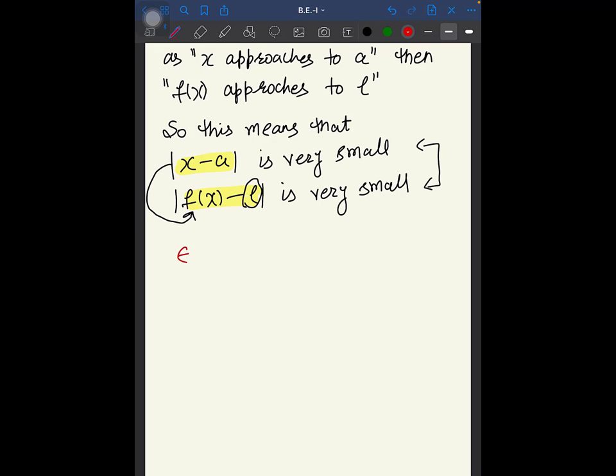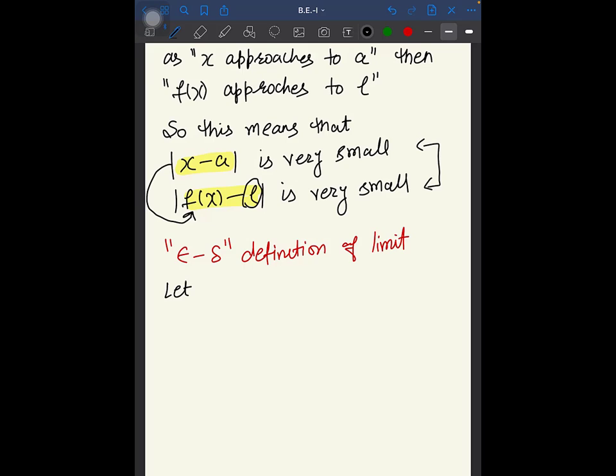We call it the epsilon delta definition of limit. Right, so try to understand this definition. I'll keep it as simple as possible.